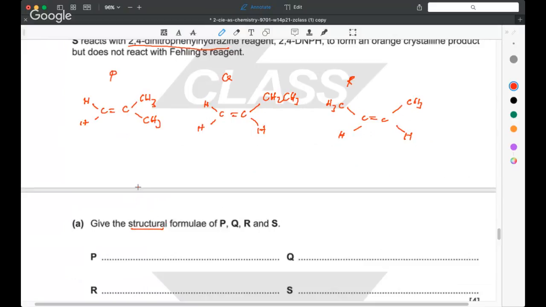Now, if we take P up here, then the structural formula is going to be that carbon there. And the examiner is saying that when you write your structural formulae and you've got an alkene, you should include a double bond. So there it is. And that's joined to a carbon atom there. And this is a propene derivative, isn't it?